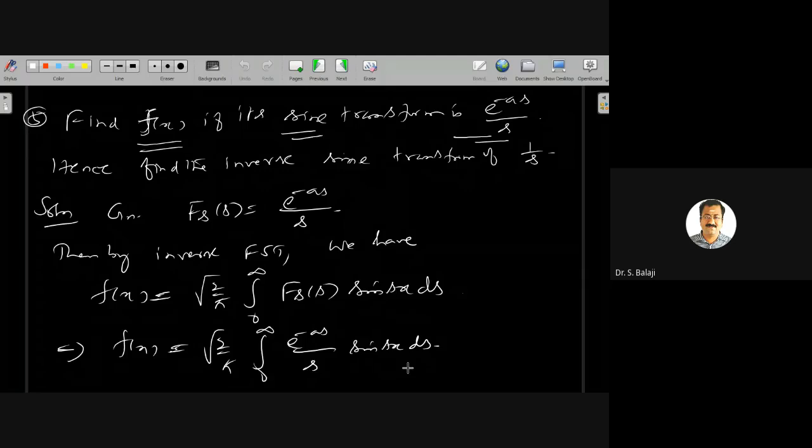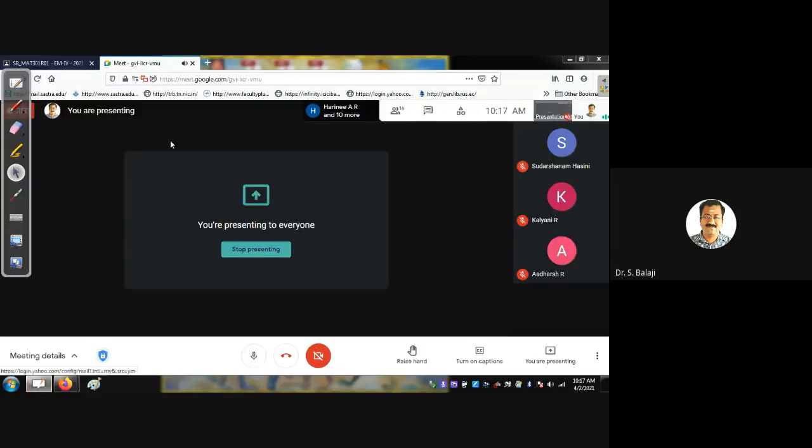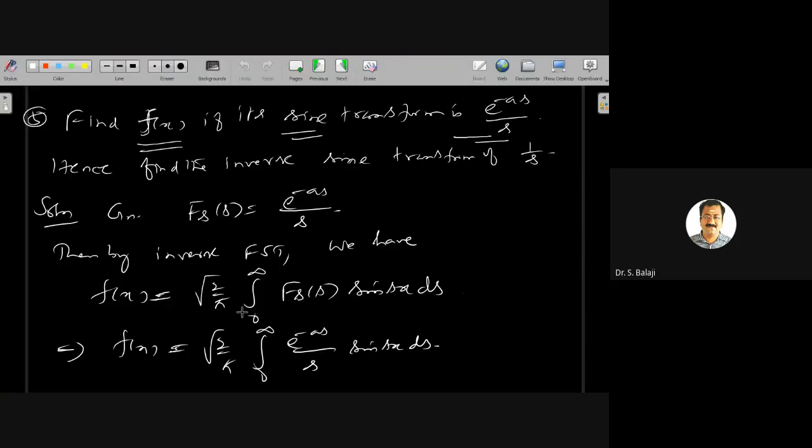How can you evaluate further? Anyone? No idea? You see the previous problem and this problem here. Previously, you solved one problem. What type of procedure can you follow?